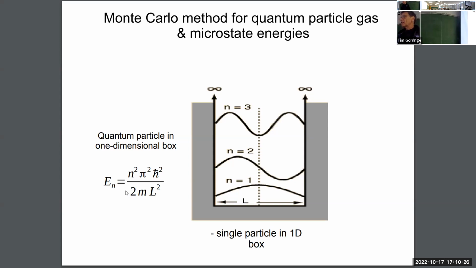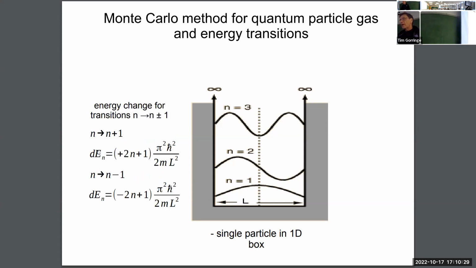So the actual energies that I need are these energies here. So there's the energy change when I go from a state n to n plus 1, and that's this little formula here. I just took the formulas for En and En plus 1 and the difference between them.